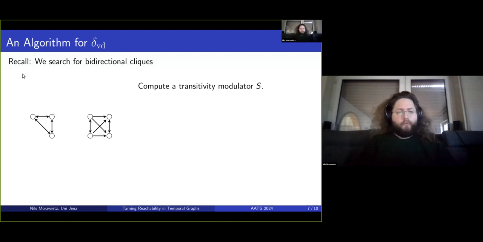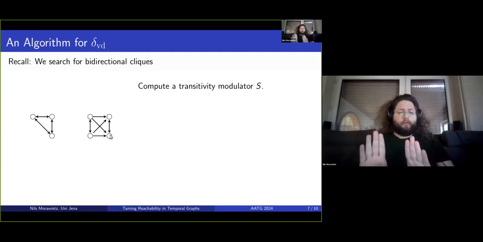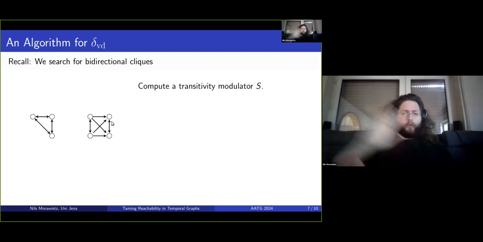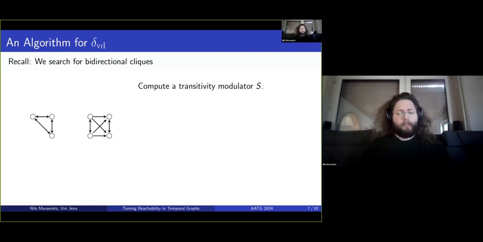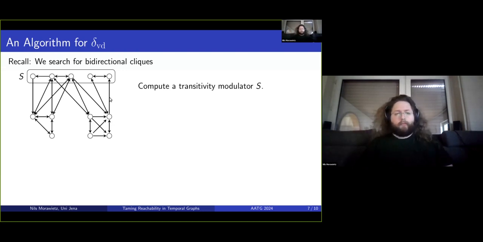Okay, if we remove it, then we see we have a bidirectional clique here, and to the right side, 2 strongly connected components, namely first the left 2 vertices and the right 2 vertices, both form 1 strongly connected component each. And we have directed edges only from one side to the other. So, okay, we verified this vertex set is a transitivity modulator.